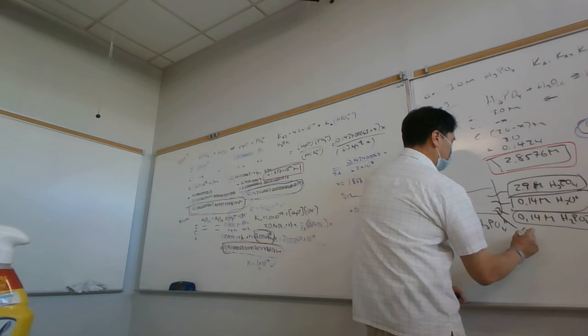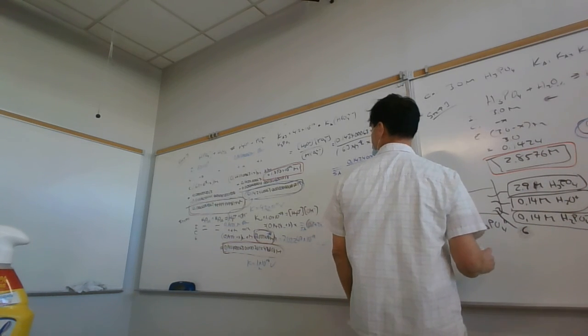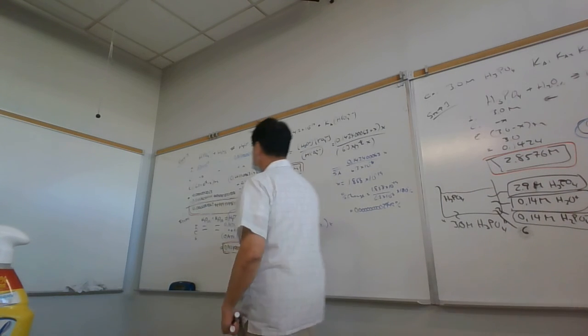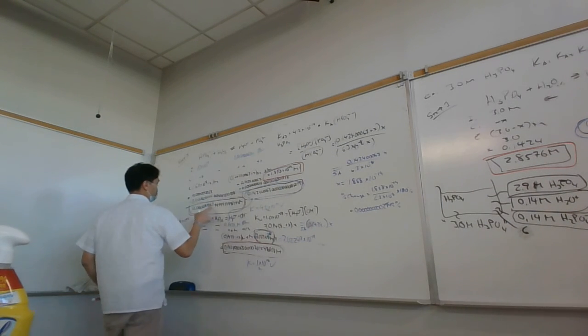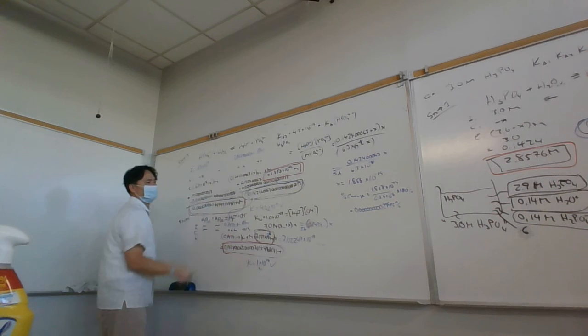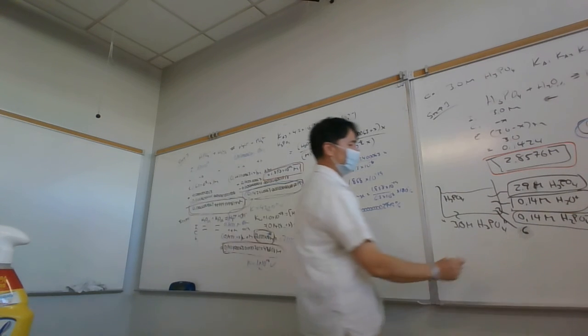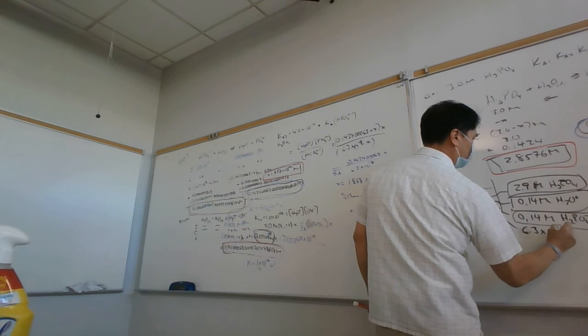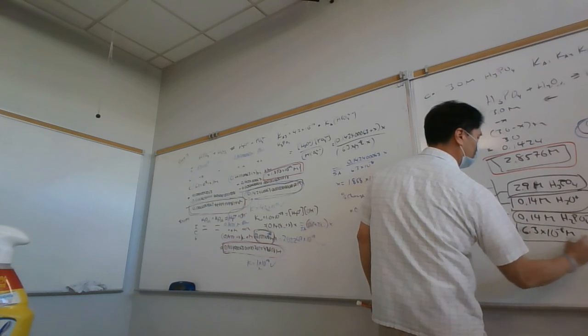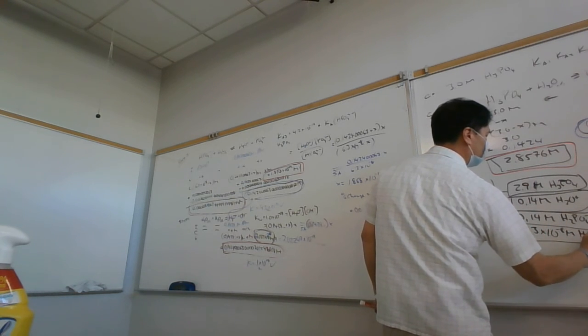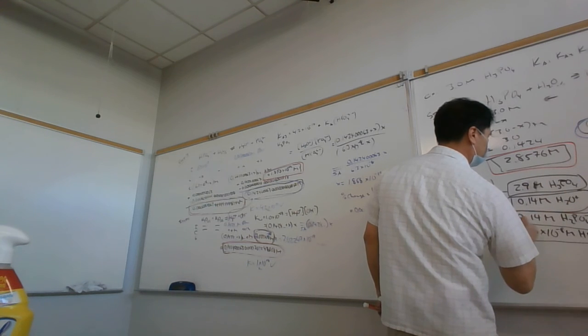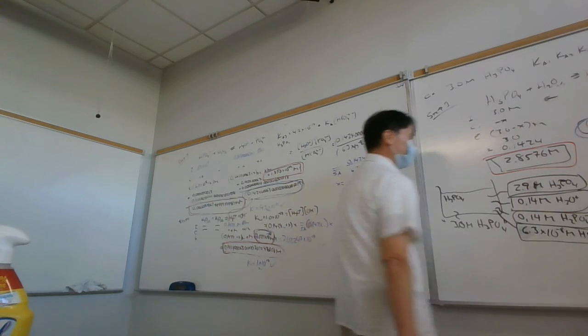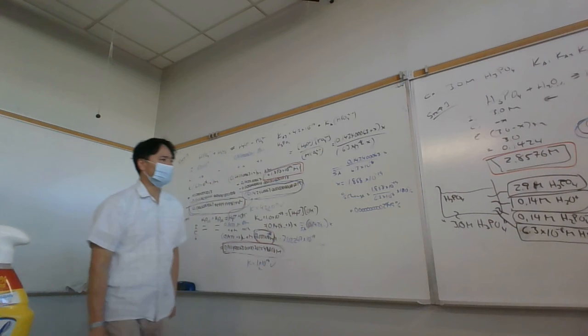And that's going to be, I'll just write in scientific notation, 6.3, essentially, I'm just going to round this. 6.3 times 10 to the minus 8 molar HPO4 2 minus. Okay, then what?